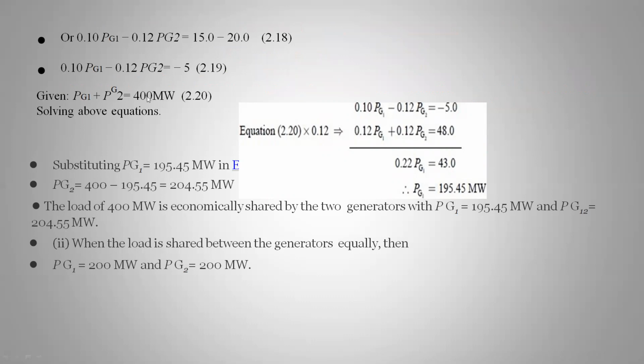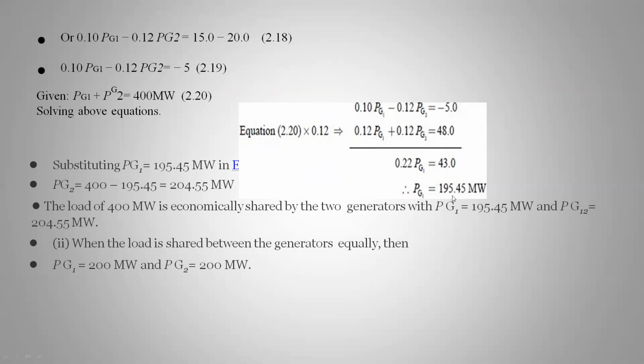Multiply the second equation by 0.12. So 0.12 Pg1 plus 0.12 Pg2 equal to 48. Okay. So adding, the minus is cancelled. So 0.22 Pg1 equal to 43.